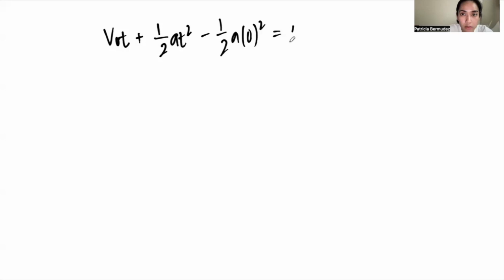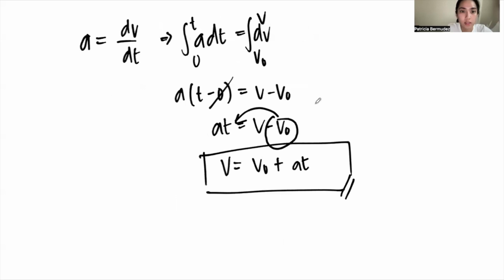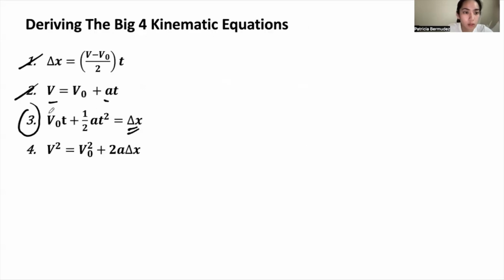And that is equals to the change in distance. And since this is multiplied by 0, again, this will simply be equal to 0. So simplifying this equation, we will get v naught t plus 1/2 a t squared is equals to the change in distance. And this is the third equation in the big four equations that we listed. Okay, so this one is checked off the list as well.